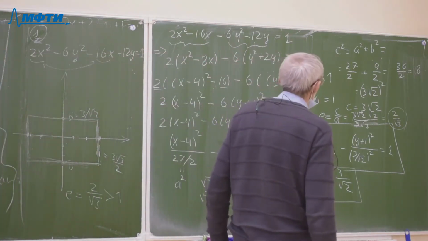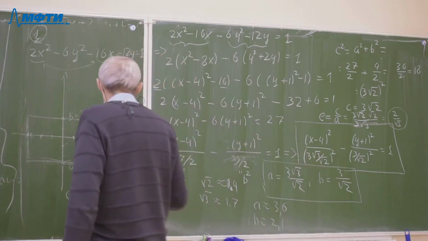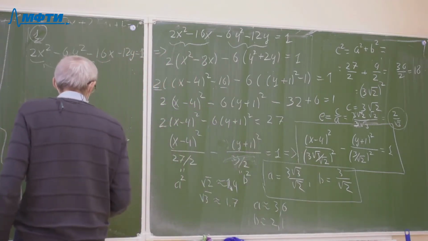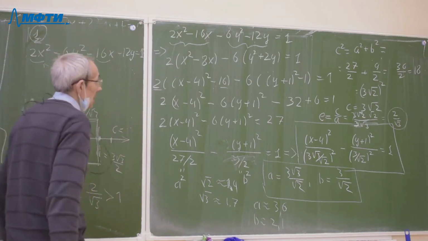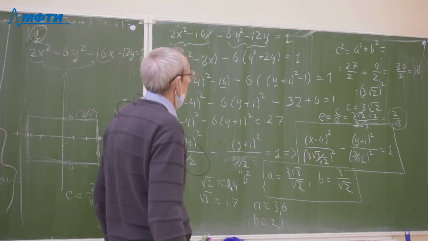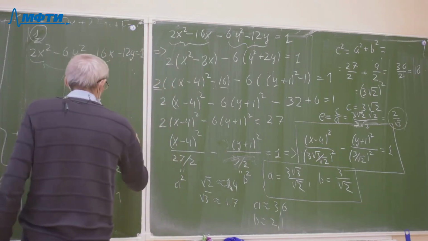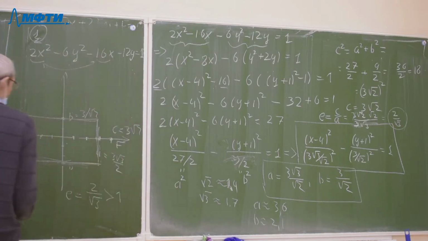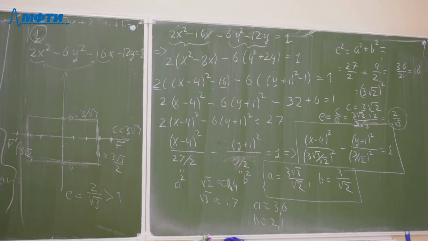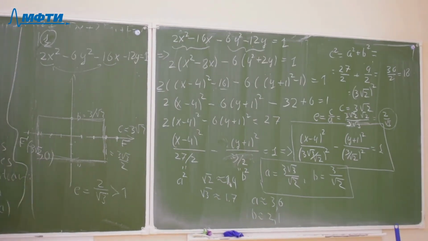The coordinates of the foci: c is equal 3 times root 2, and F prime has the coordinate minus 3 times root 2, 0.